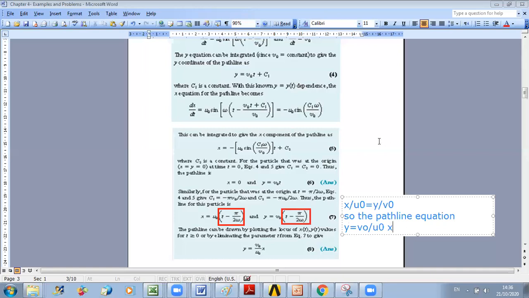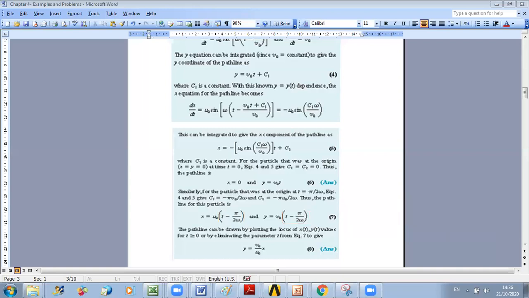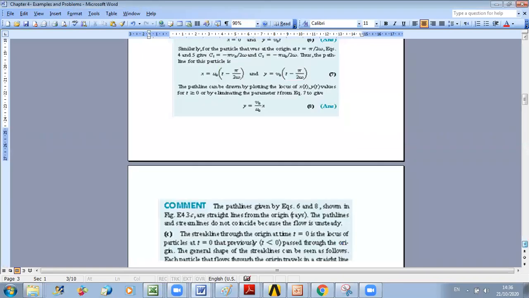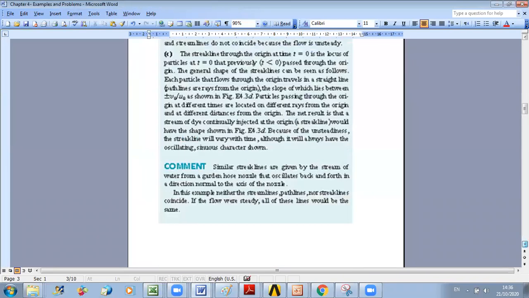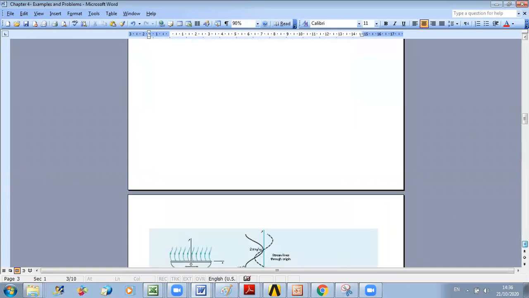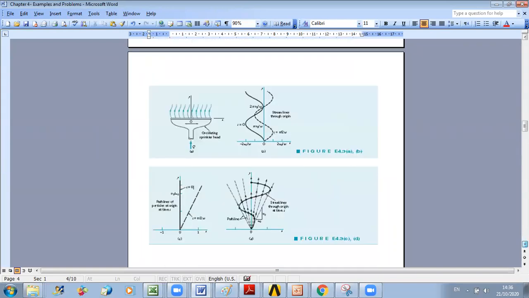Now, to do a small analysis, let us see graphs. We will see graphical representations to understand more what is happening. So look, what we did together: first we found streamlines. In part A, we found streamlines at two different times. One that passed by the origin, so this is your origin.